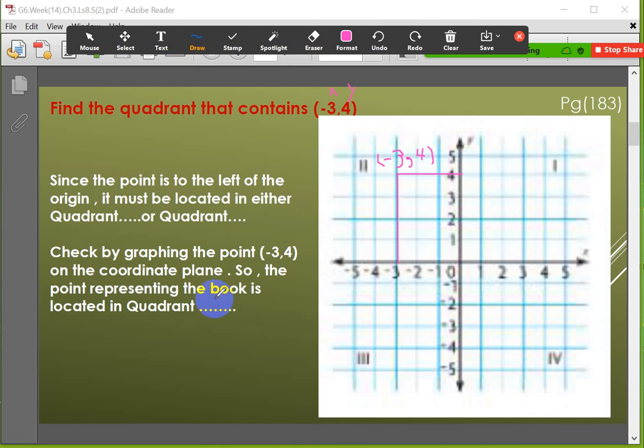Okay, you can write 2. You have to write it in Roman numerals like this, 2 lines next to each other. Okay girls, you have to locate this point on the coordinate plane and write the quadrant, sorry. So if you finish, please type 1 in the chat.